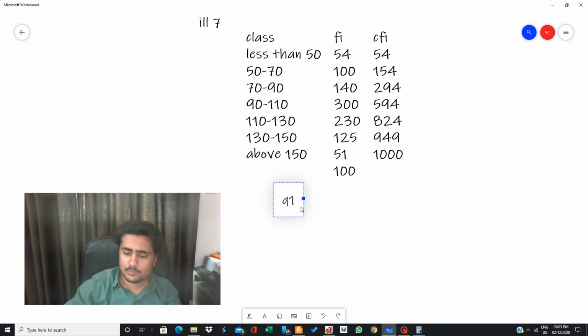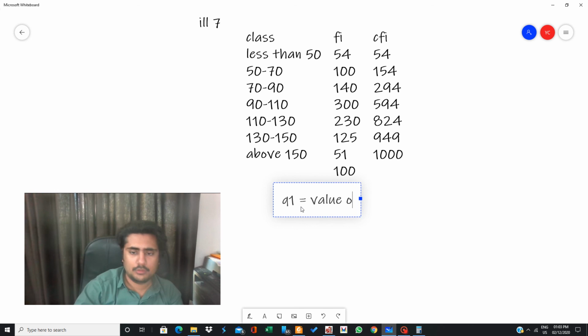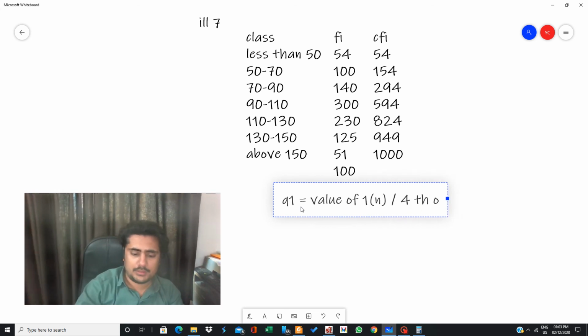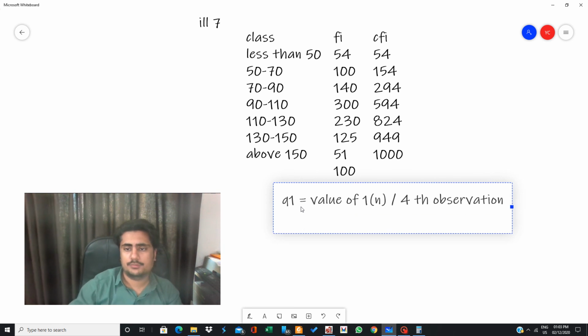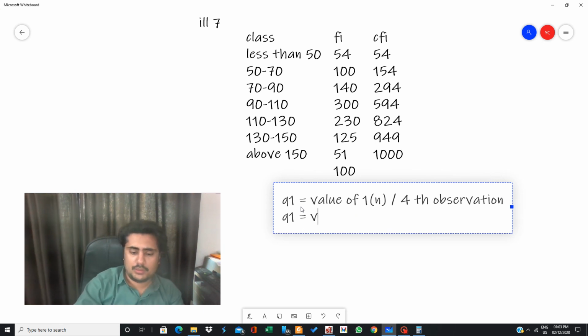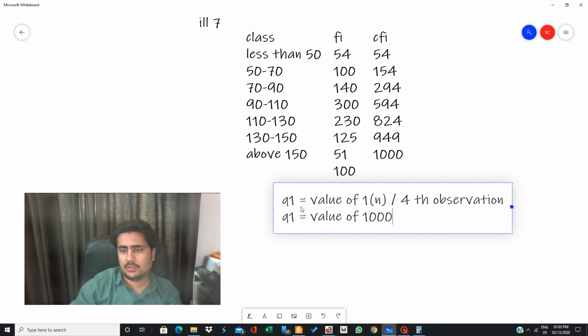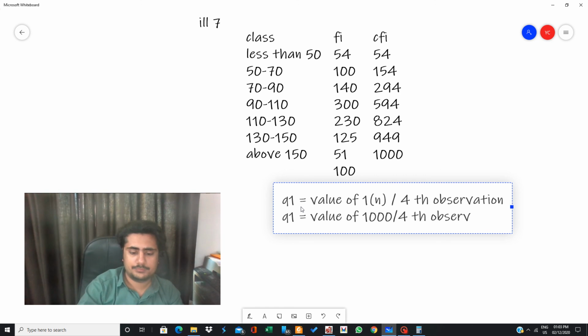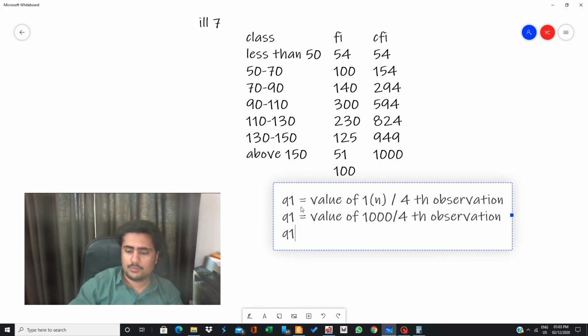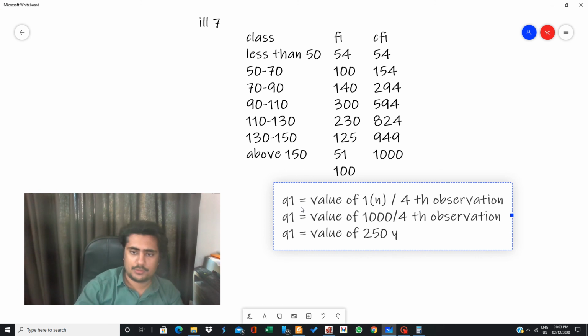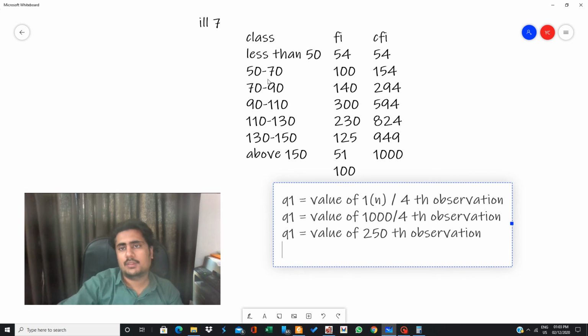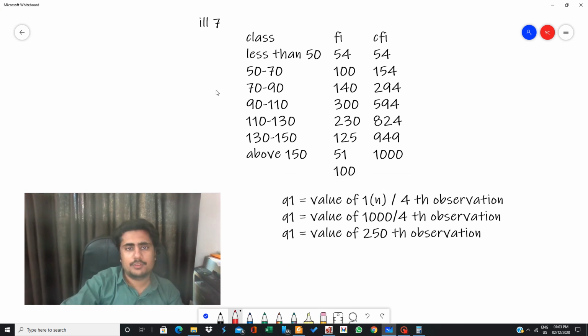Let us come to Q1. Now, what is Q1? It's the value of 1 into n upon fourth observation. So Q1 is the value of 1000 upon fourth observation. So basically my Q1 is the value of the 250th observation. Now where will this 250 come? 250 will come in this class, that is 70 to 90.